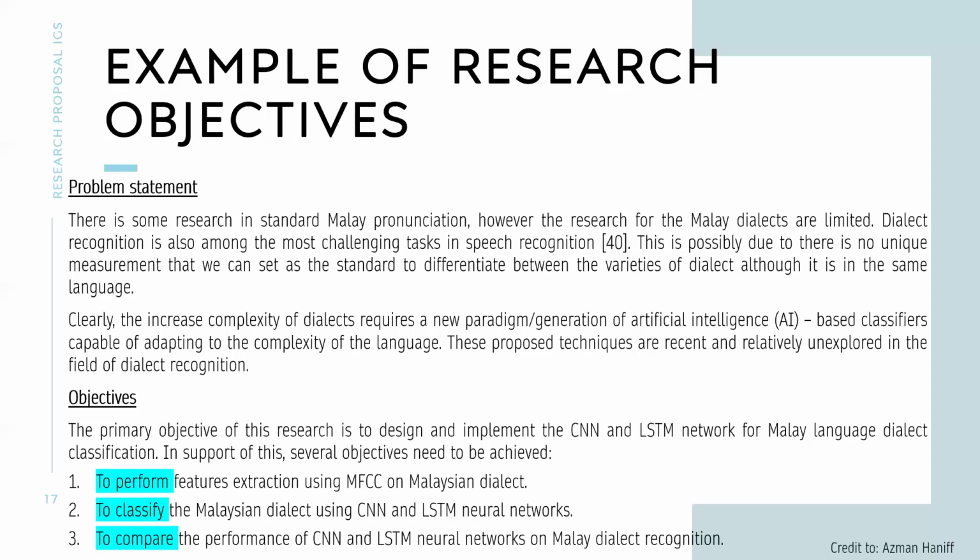Yes, it's me, Saleh. Basically, CNN and LSTM is what? Is it some kind of measurement or tool to measure, or is it software? It's one of the artificial intelligence methods. Okay, so my opinion is that maybe using only one is enough. Why do we need both CNN and LSTM?